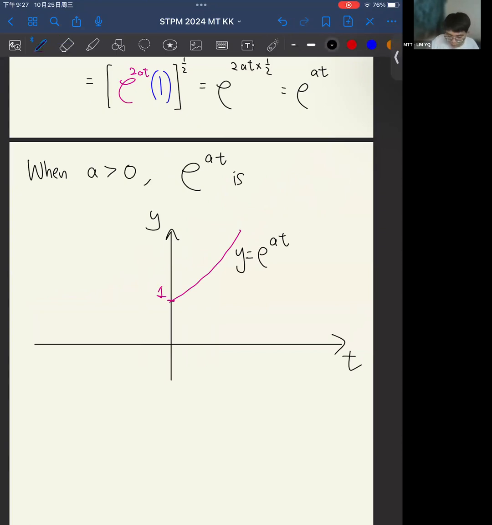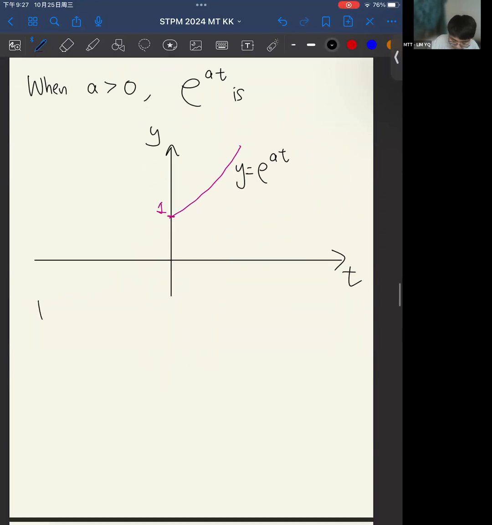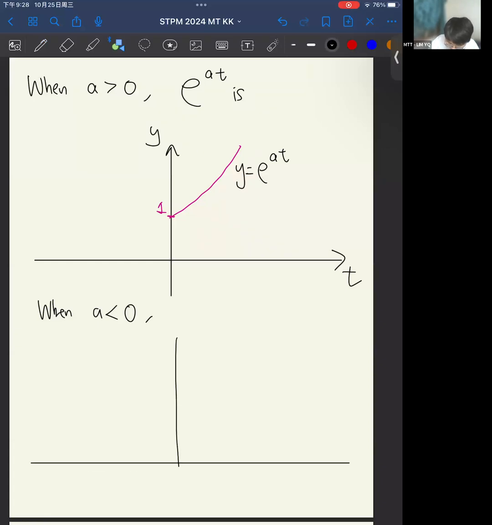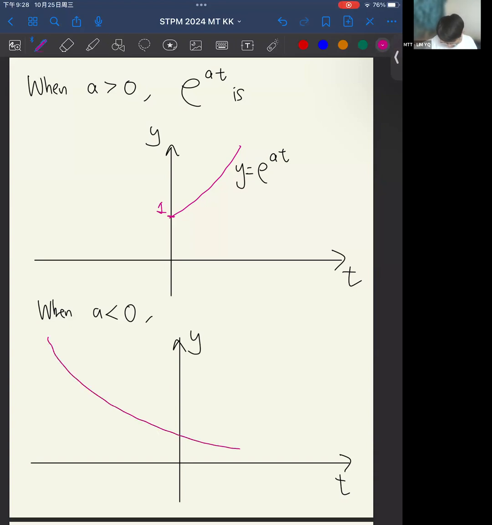What happens when a is negative? Still remember the graph? The same thing, but symmetrical about the y-axis. So you will have a graph like this, having the x-axis as asymptote.